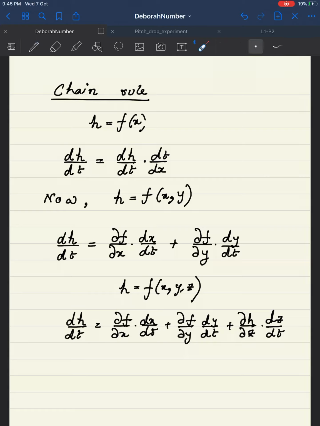Obviously, here x, y and z are functions of time. That is why you are able to take these derivatives.